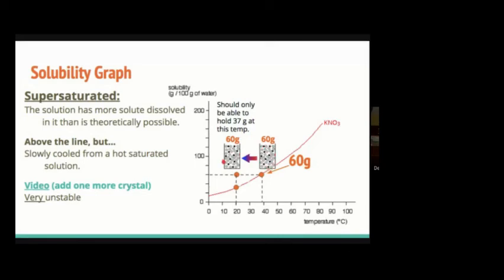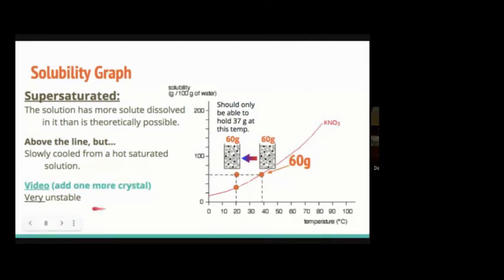And once all the extra crystals have come out of the supersaturated solution, the solution itself will still hold the 37 grams at 20 degrees, and the other 23 grams are what will recrystallize and settle out. So a supersaturated solution is very unstable.